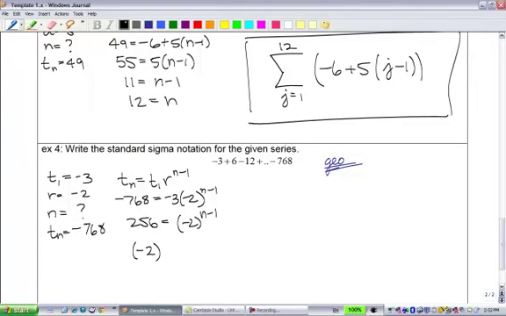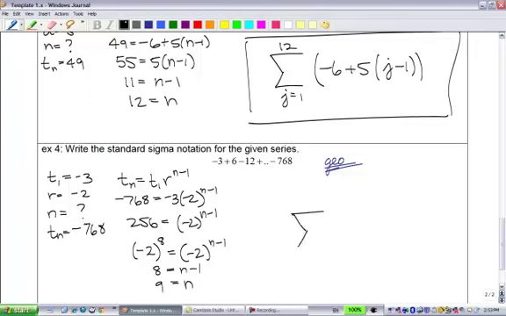So we're going to assume that the power has to be an even number because it needs to become positive. If we use some sort of Goldilocks and the three bears method here, guess and check if we will, we could try an 8. Negative 2 to the power 8, if you punch that in your calculator, is 256. So 8 is n minus 1 when we compare the exponents, and n has to be 9.